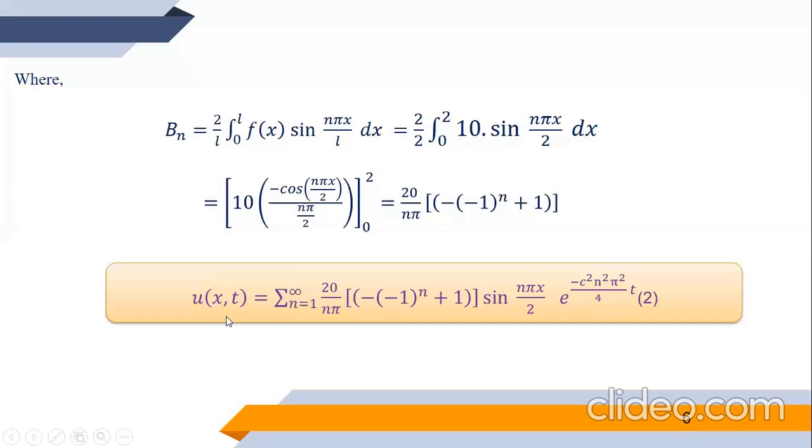The solution is u(x,t) is equal to summation n is 1 to infinity 20 by n pi (1 minus (minus 1) raised to n) into sine(n pi x by 2) e raised to minus c square n square pi square by 4 into t.